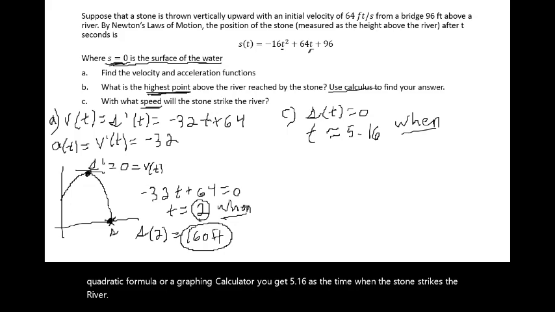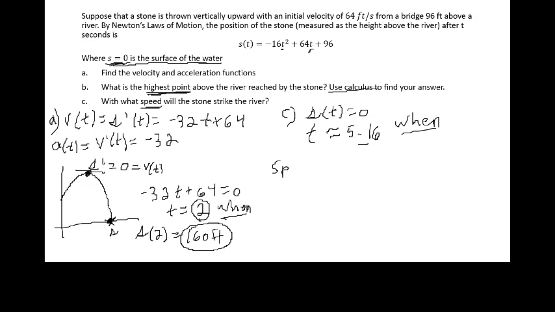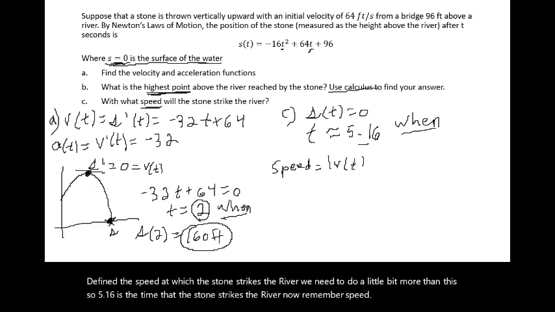To find the speed at which the stone strikes the river, we need to do a little bit more than this. So 5.16 is the time that the stone strikes the river. Now remember, speed is the absolute value of the velocity function. So we are going to evaluate the velocity function at 5.16 seconds.